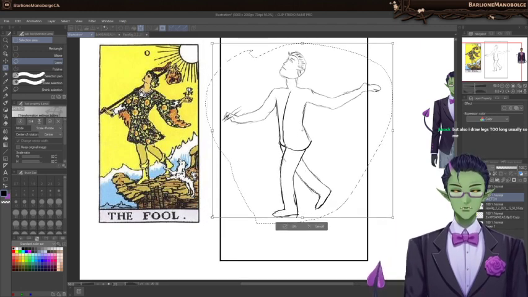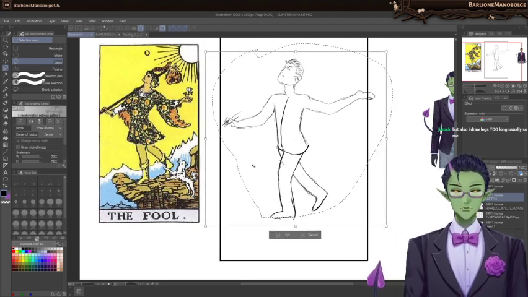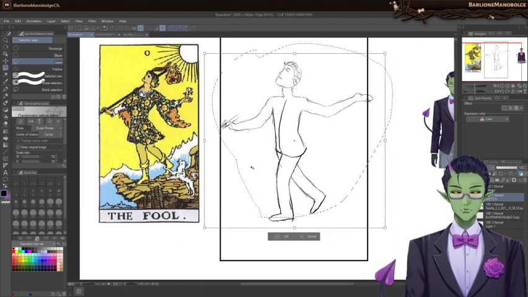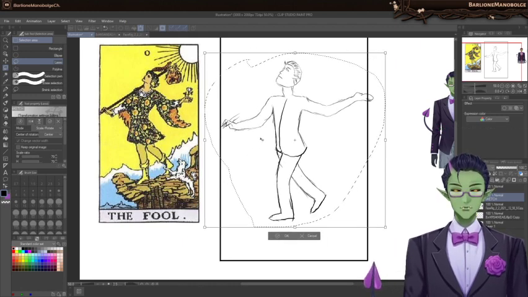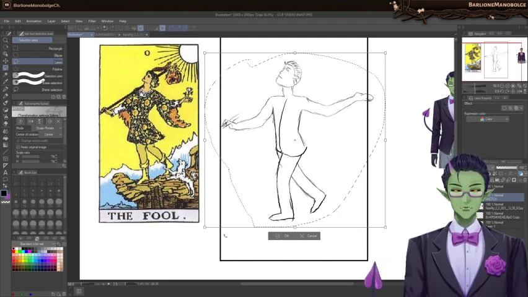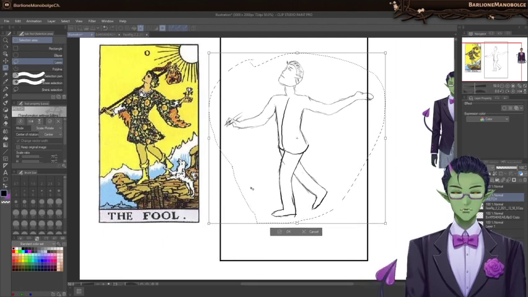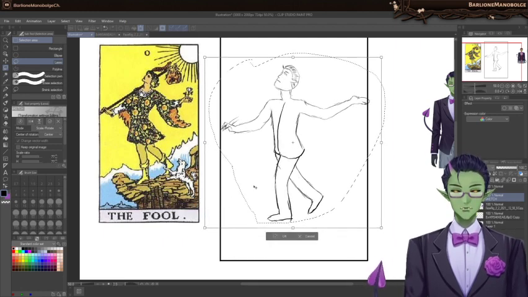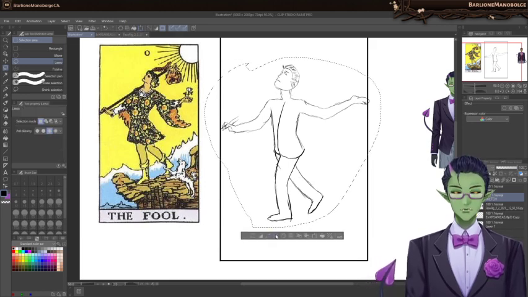Just want to make it small enough that it fits entirely inside. Or I could be sneaky and just not draw that hand. Suppose that's probably a bit too much. That arm may be too long anyways.